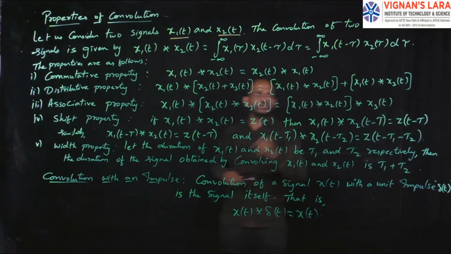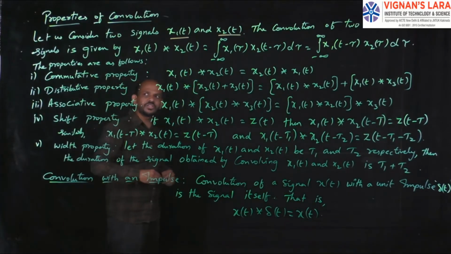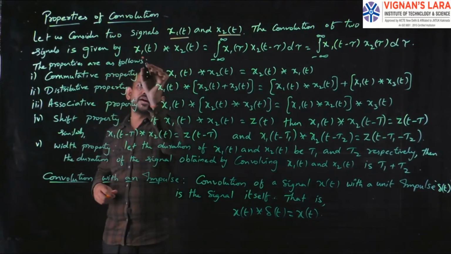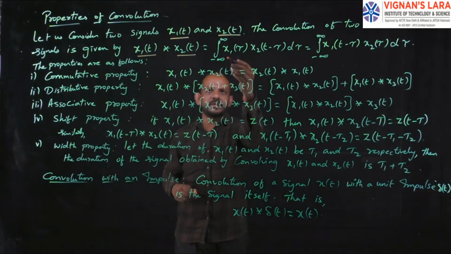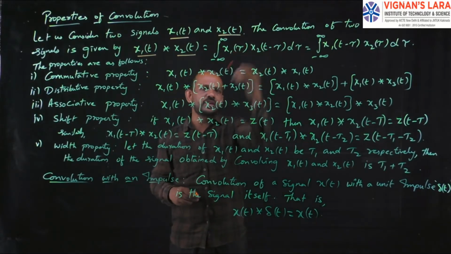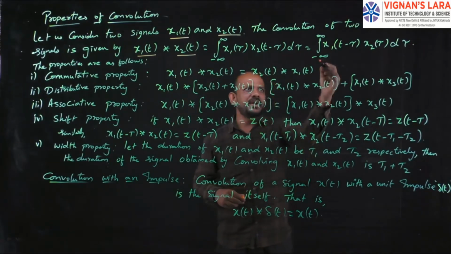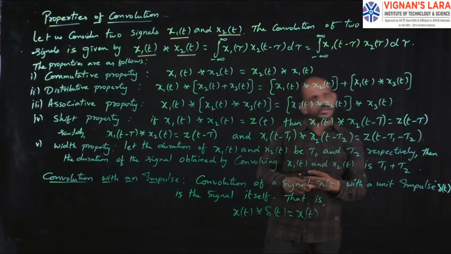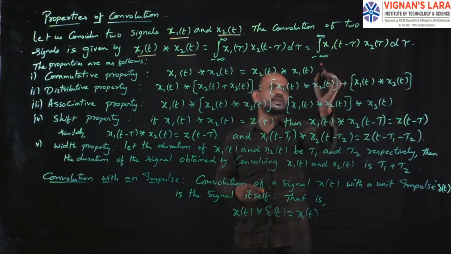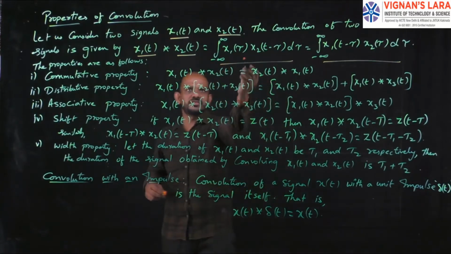The convolution of two signals is given by, we all know the formula, x1 of t convolution x2 of t is equal to the integral from minus infinity to infinity of x1 of tau into x2 of t minus tau d tau, or the integral of x1 of t minus tau into x2 of tau d tau. We can use either formula, but generally we will use the first one.